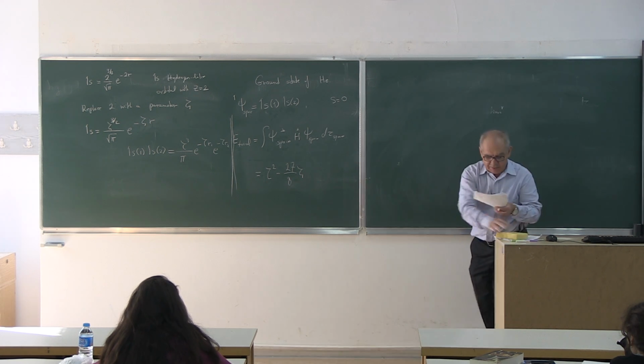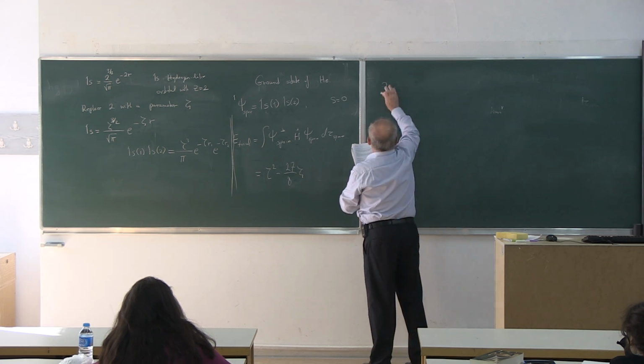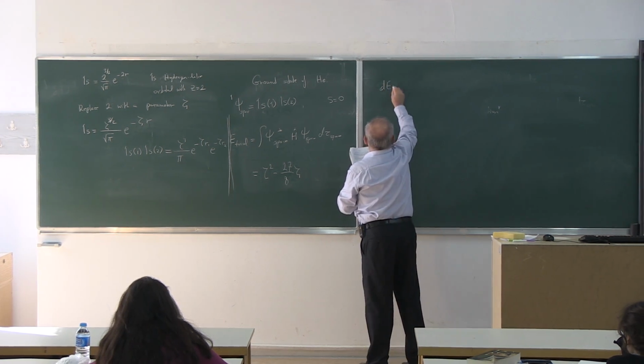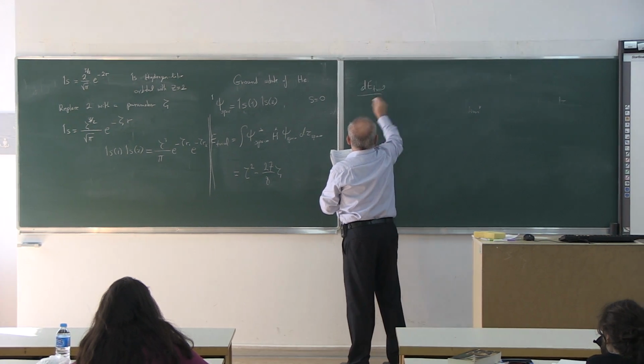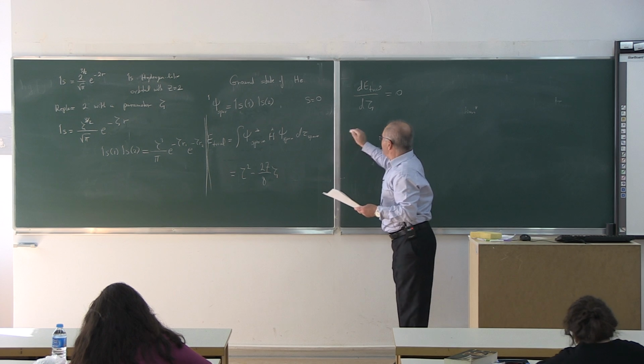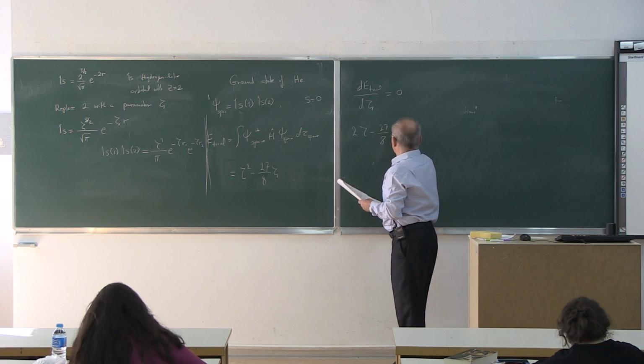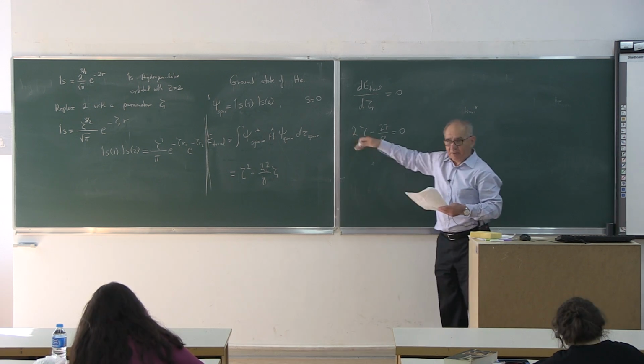All right, our time is almost up, but first derivative with respect to zeta, set it equal to 0. And you see that it is 2 times zeta minus 27 over 8 equals 0 after taking the derivative.